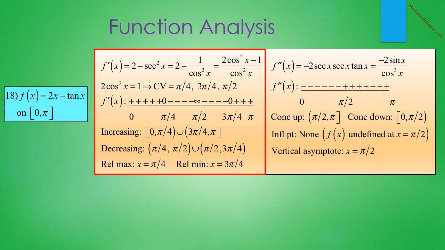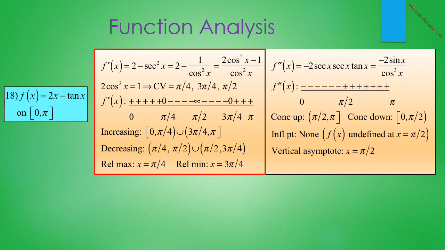We set the numerator equal to 0, 2 cosine squared of x equals 1, and we get critical values at pi over 4 and 3 pi over 4. We set the denominator equal to 0, and we get pi over 2. Plugging in some friendly angles to the derivative, like pi over 6 or 5 pi over 6, we see that there are 4 intervals that are positive, then negative, then negative, then positive.